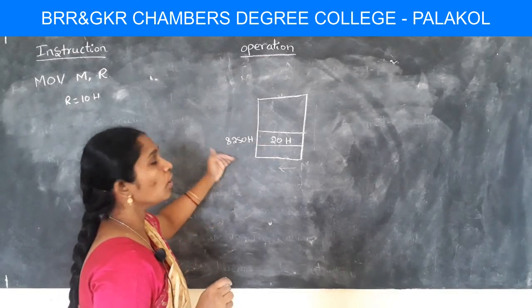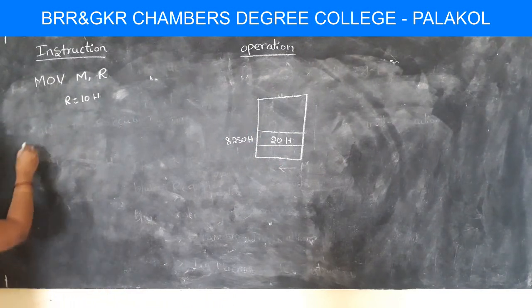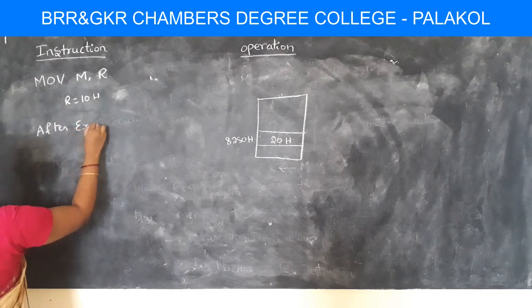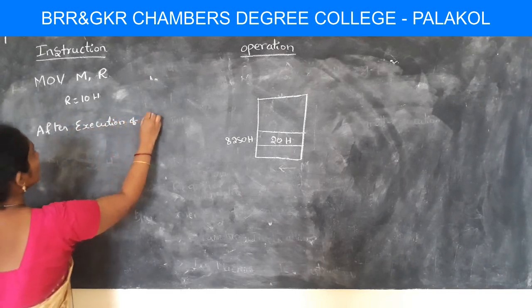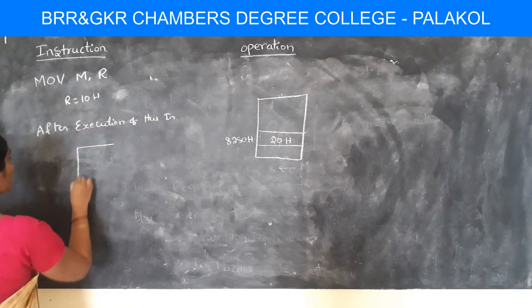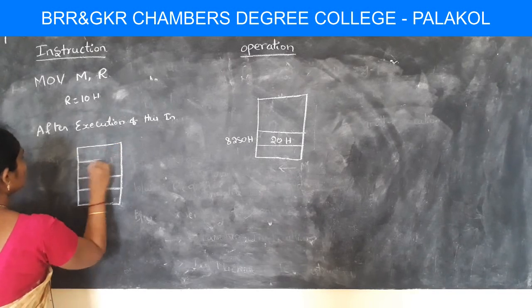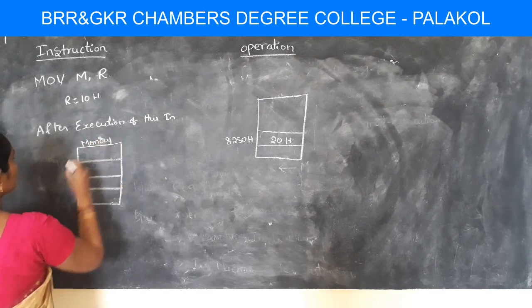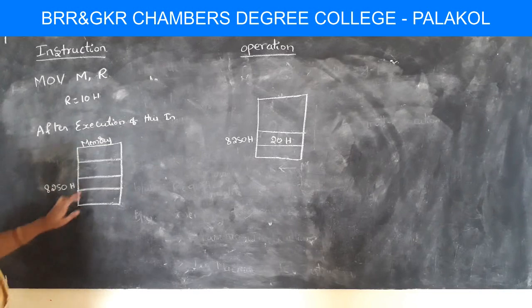Therefore, after the execution of this instruction, what will be happening here? The result is, here this is a memory, 8250H.